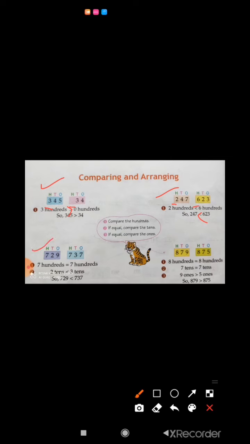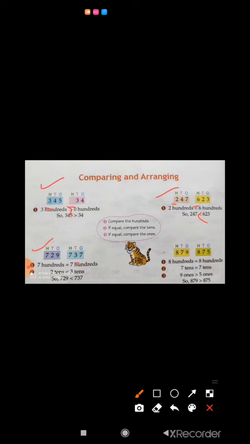Now next example, 729 first number and second number 737. First we will compare hundreds. In both the numbers 7 are equal, so leave this one. Now next we will check tens. Here 2 is on tens place and in the other number 3 is on tens place.